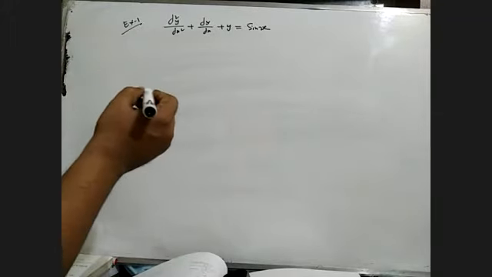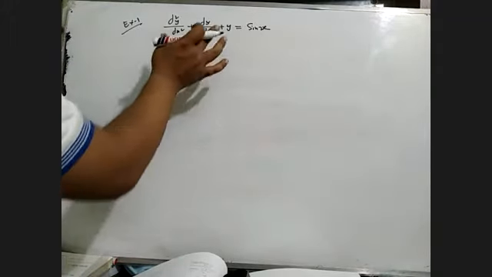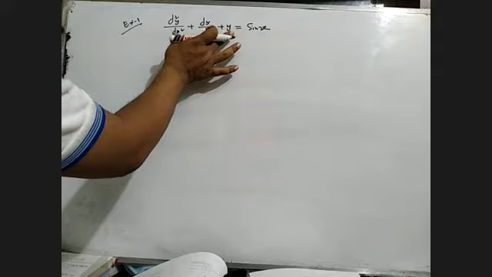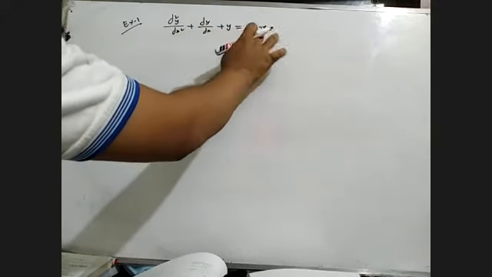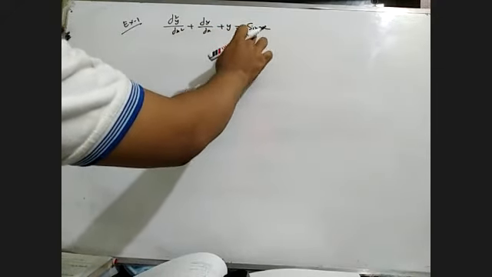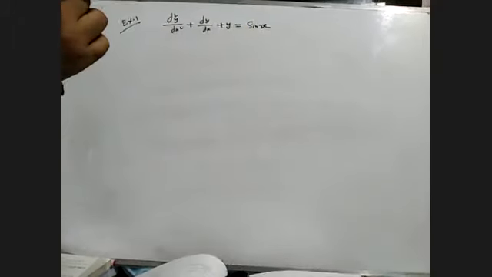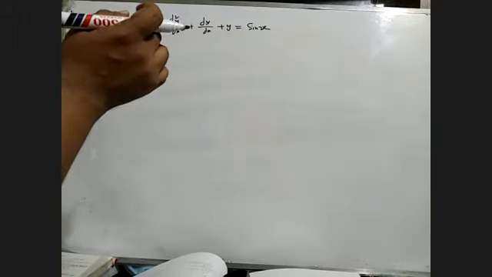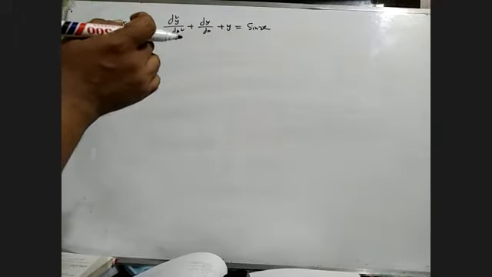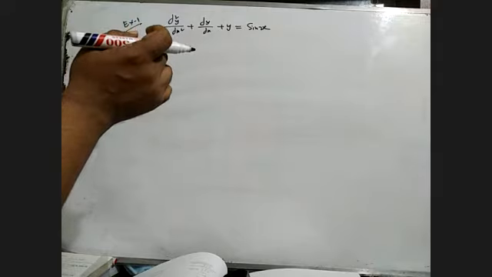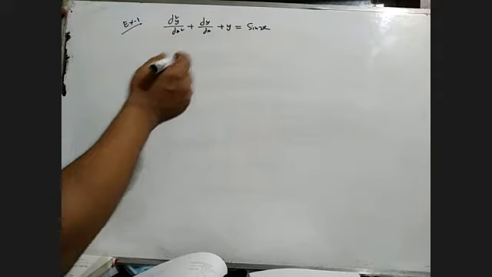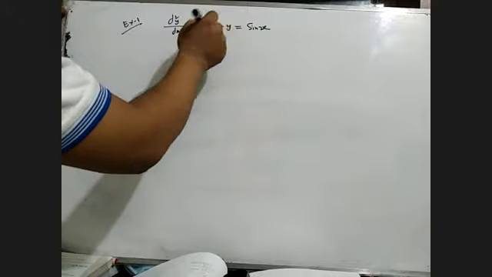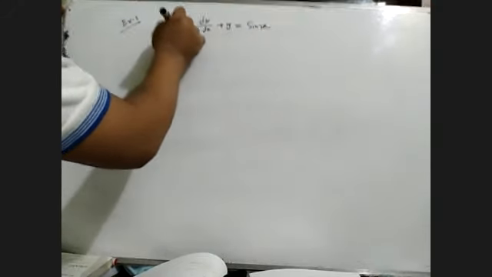Now, how to solve these types of differential equations? This is a linear differential equation, but not homogeneous. It is linear because the highest degree of the dependent variable is single, and the order is also one.